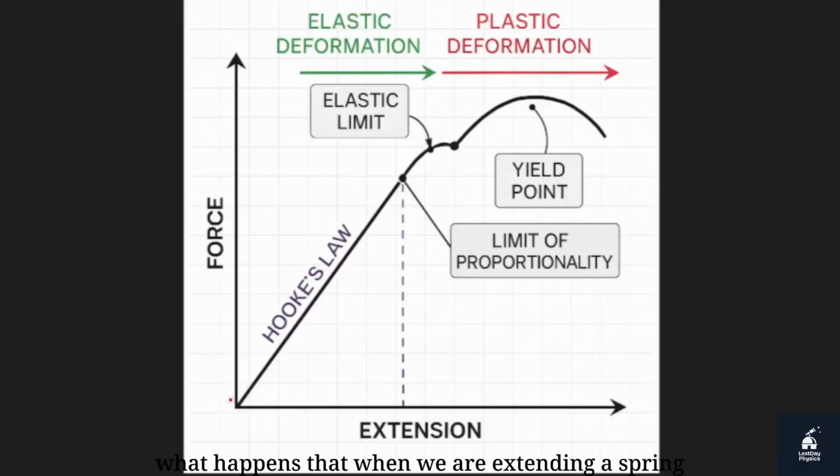What happens is that when we are extending a spring, we reach some maximum value of force. After that value, the extension and force will not be directly proportional, and with a little more increase in the force, we may reach the elastic limit.